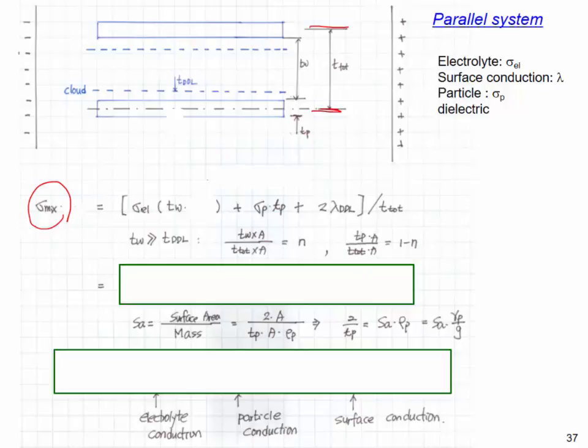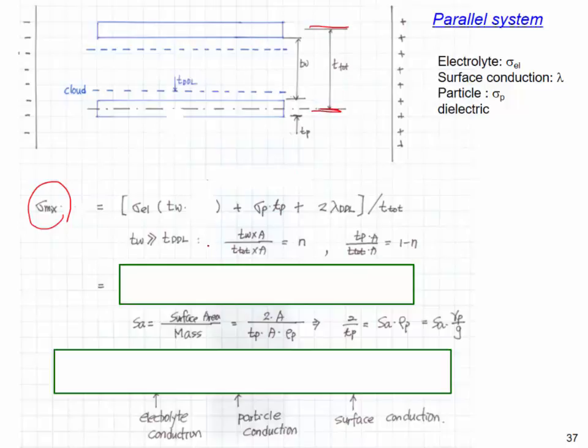And then sigma electrolyte times the TW plus sigma P times TP. So this is the particle's conductivity. And you have a surface conduction, 2 times lambda DDL, right? Because you have two surfaces, up and down, and divided by the total height, or the total thickness.